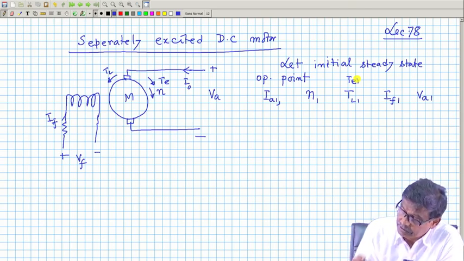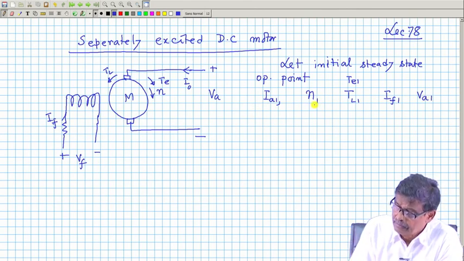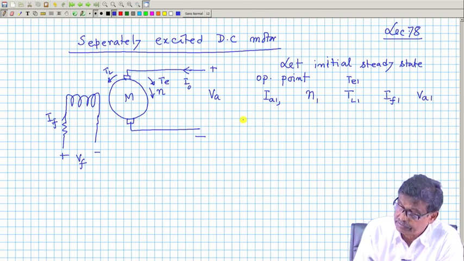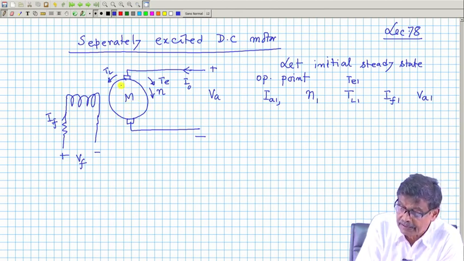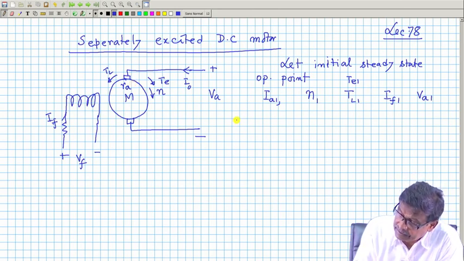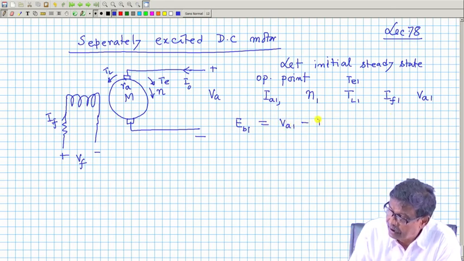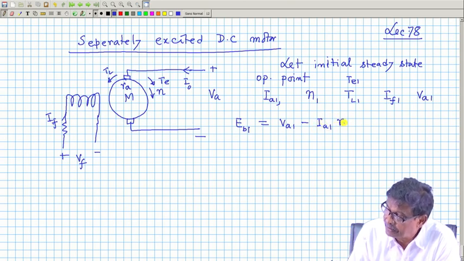Then suppose these are the observed things, I will write two equations. Armature resistance is RA. I will not neglect armature resistance now. The back EMF EB1 will be equal to the applied voltage VA1 minus IA1 RA.